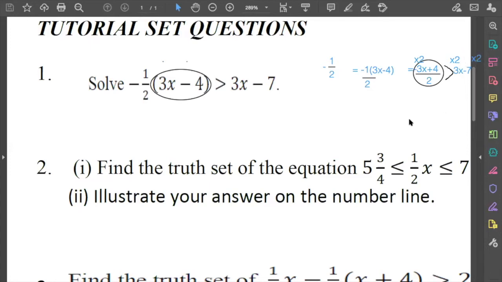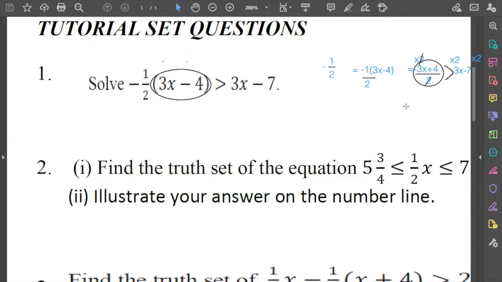Good. So now don't forget, the negative sign is separating the 3x from the 7. That is the reason why you need to multiply each and every one of them by 2. But when you come here, the negative 3x plus 4, they are all over 2. So I don't need to multiply this by 2 again. Good. So by doing this, now I can boldly say that this 2 is going to cancel off these 2.